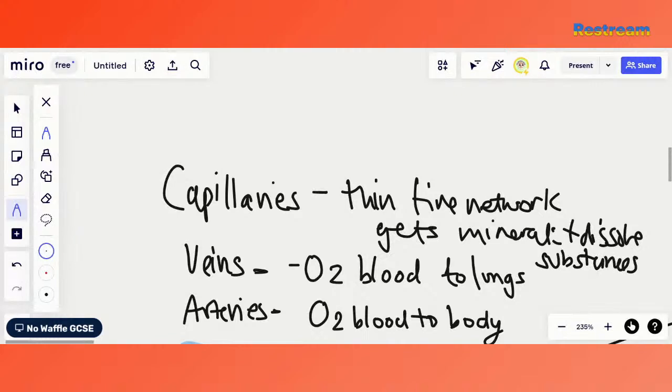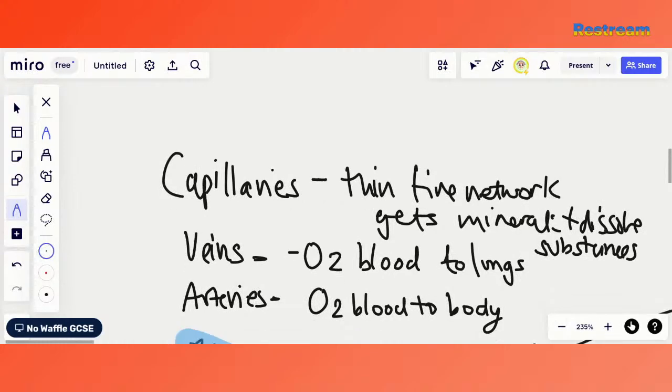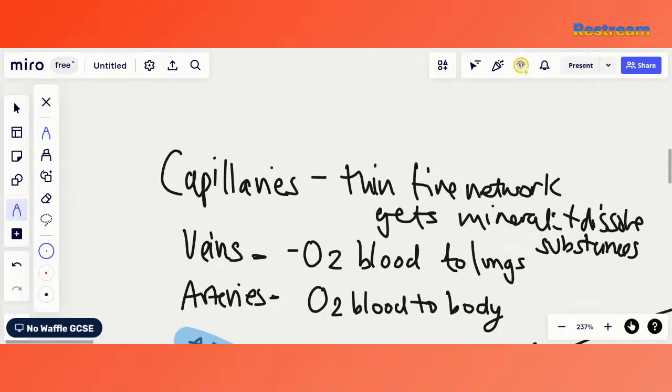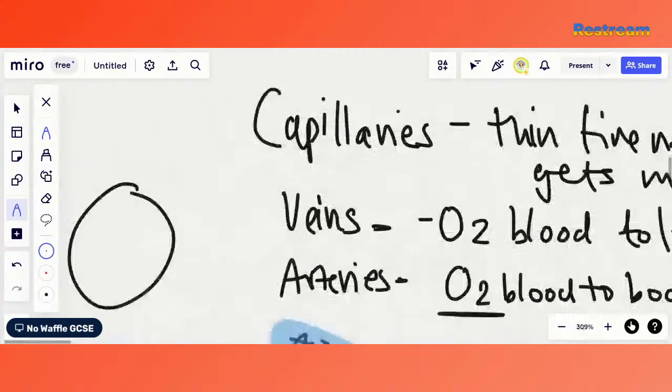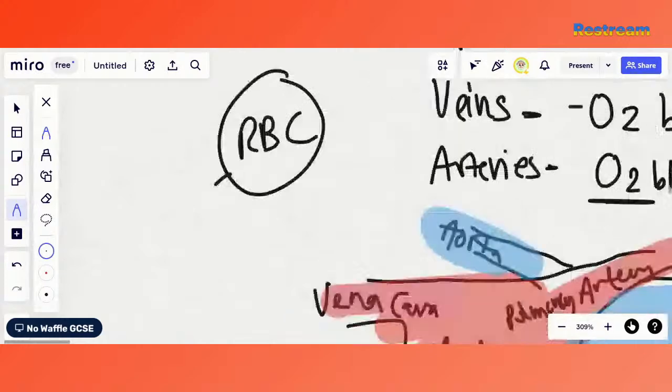Okay? Because remember, in the blood, it's not just blood, we also have plasma. So we can go through plasma now. But just one more thing. So arteries are carrying the oxygenated blood, because in the red blood cell, we have this chemical called hemoglobin.